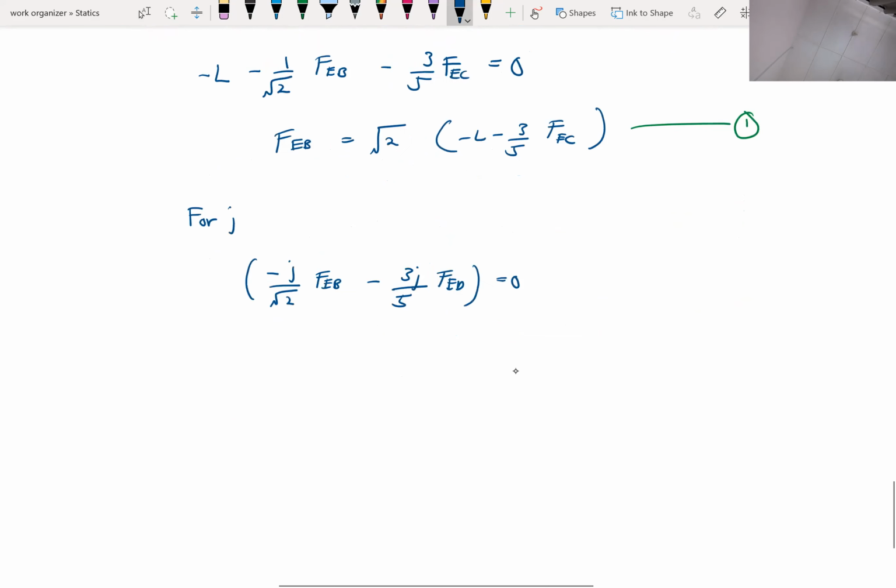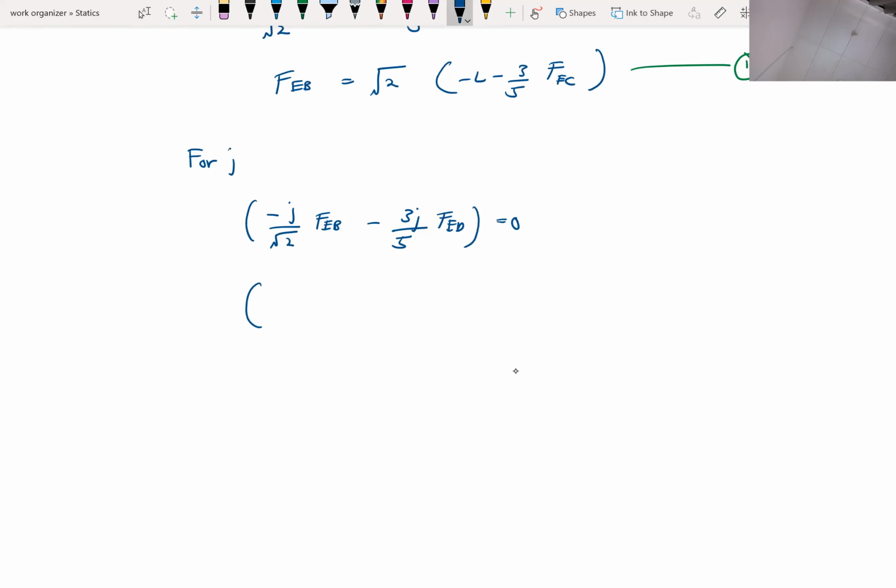So we take out the j. What is left is negative 1 over square root 2 FEB minus 3 over 5 FED equal to 0. This we take as equation 2.